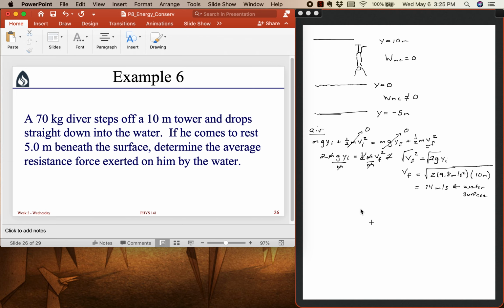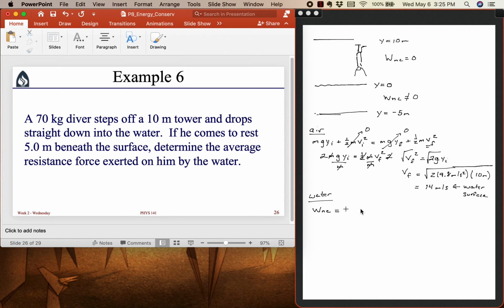Okay, so next let's look at the water part of the motion once the diver enters the water. When the diver's entering the water, we know that there is a non-conservative force. There's this water resistance force at play. And so the work done by this non-conservative resistance force is going to be equal to the change in the energy.